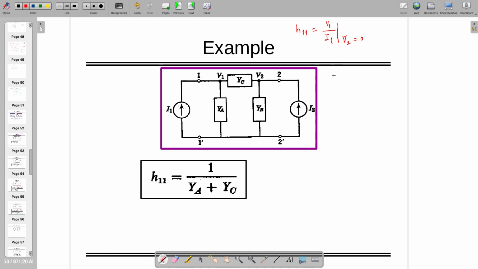Look, there are two resistances in parallel. Are you getting same answer, Manpreet? Yes or no? No. Then look, there are two resistances.